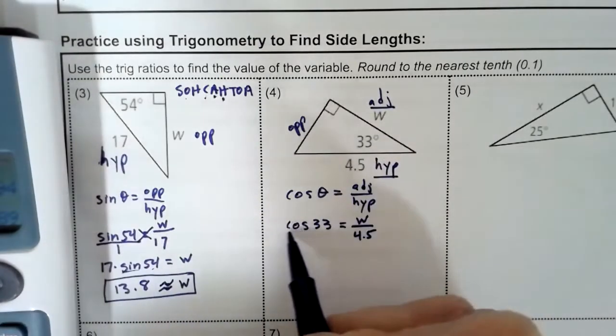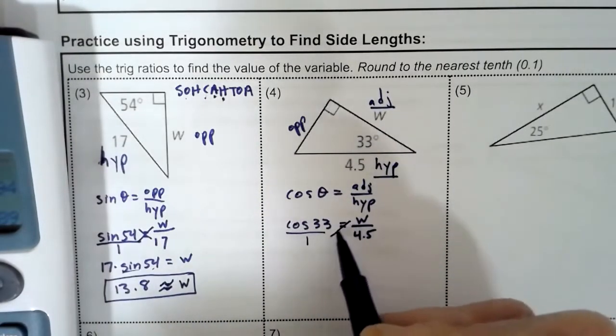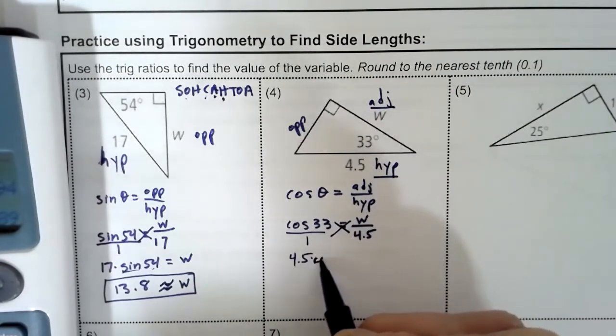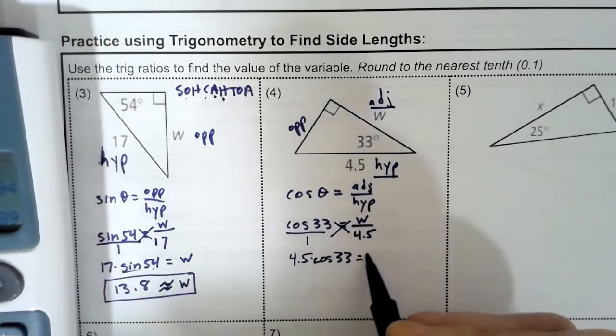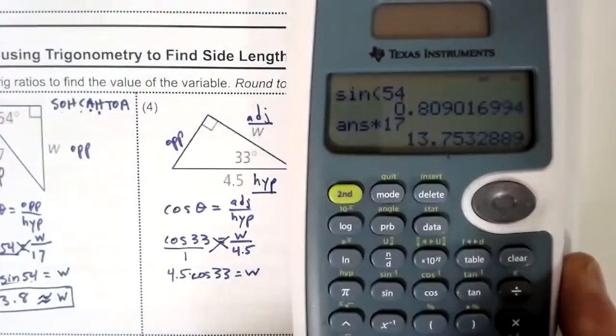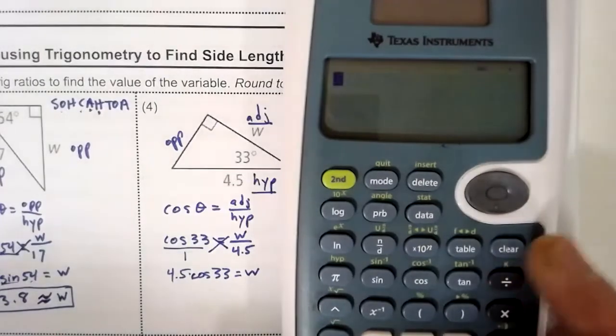Just like before, I'm going to cross multiply, and I get 4.5 times the cosine of 33 equals W.